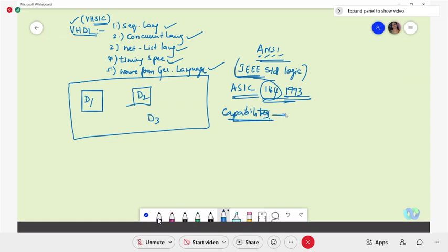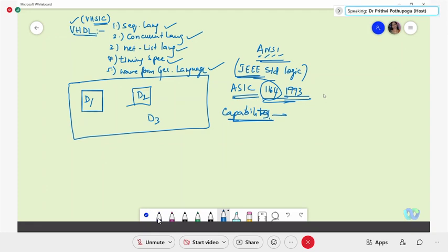Okay, what are the capabilities of this VHDL language? Is that you can simulate or compile using any standard CAD tool. What are the CAD tools available? What are the tools you are using now?